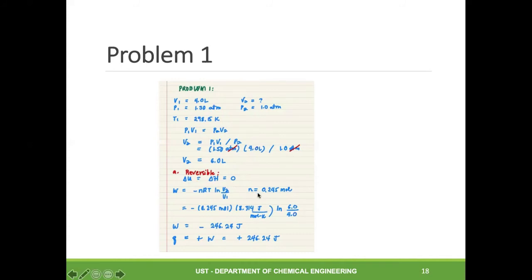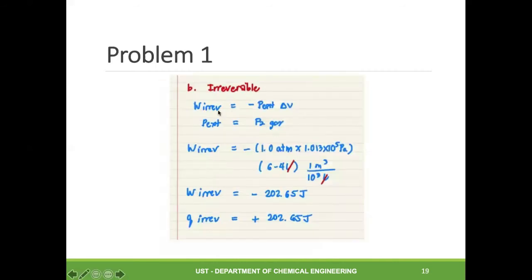Now, we compute n first. n is equal to 0.245. So substituting negative n value for R, ln 6 over 4, we have negative 246.24. And Q becomes positive 246.24.